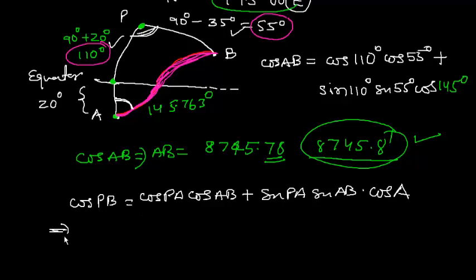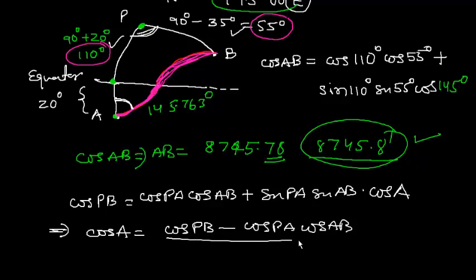Well, I need to bring cos A to this side, so I can write like this: cos A will be cos PB minus cos PA and cos AB divided by sine PA and sine AB.